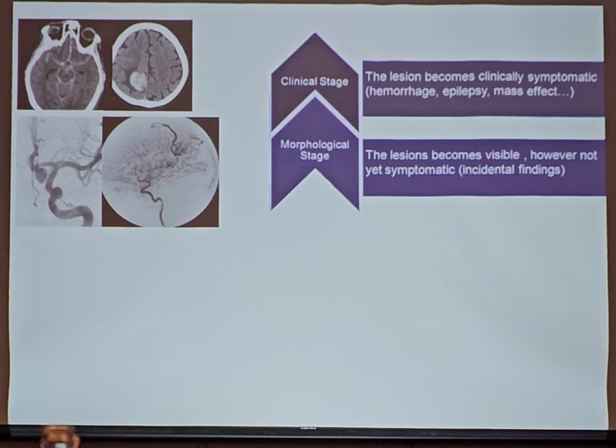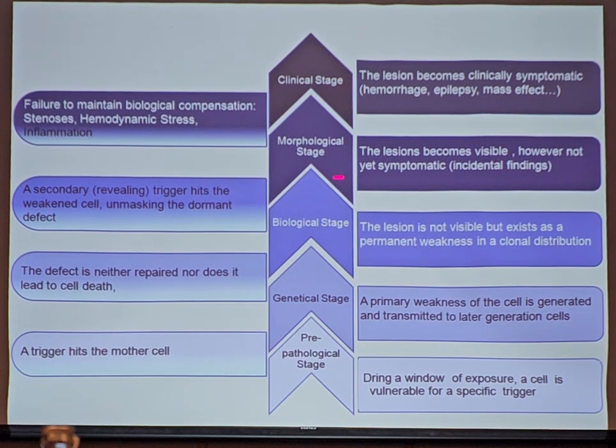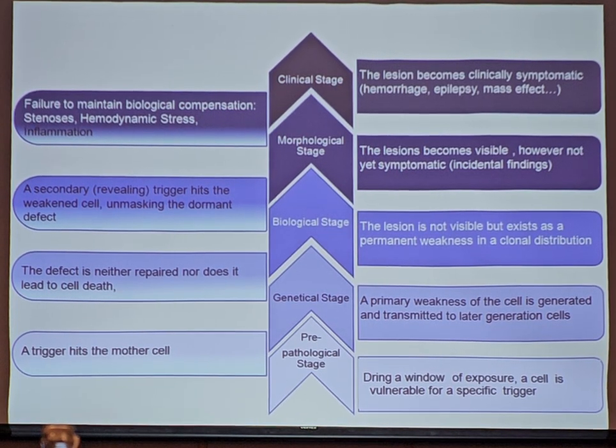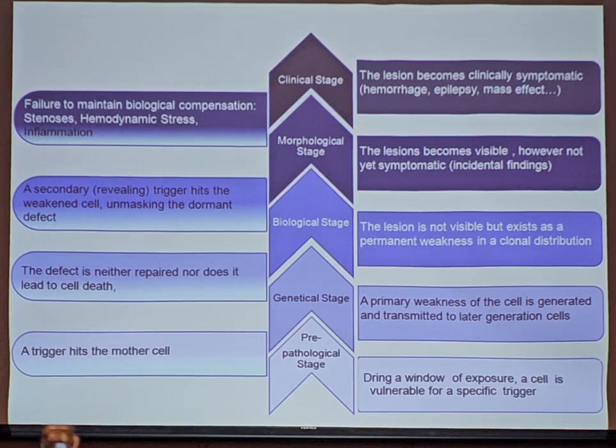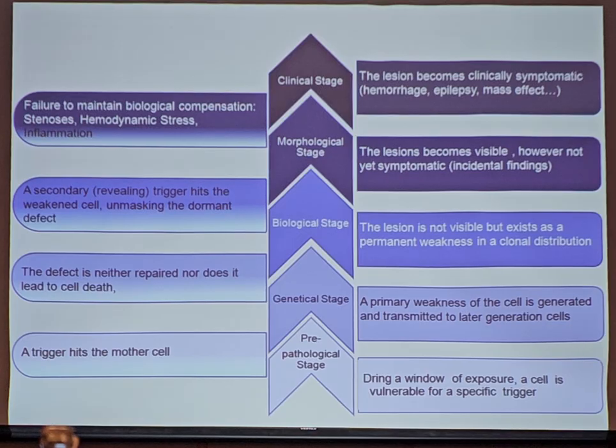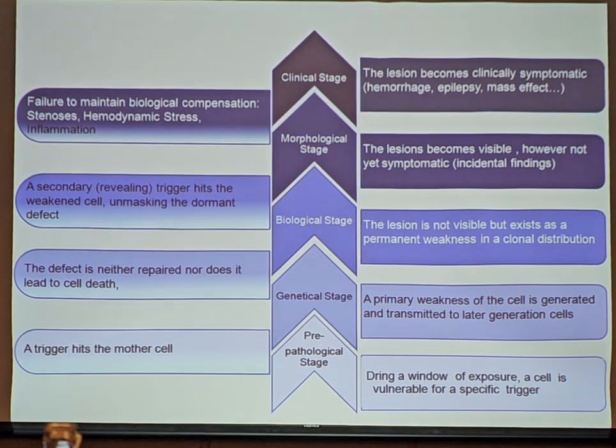And when you have listened to this talk, you know that prior to the morphological stage, there is actually a biological stage, a genetical stage, and a pre-pathological stage. And this is an important concept to try to understand when we are talking about vascular malformations and how they form, and it will tie into the second hit theory of vascular malformation.